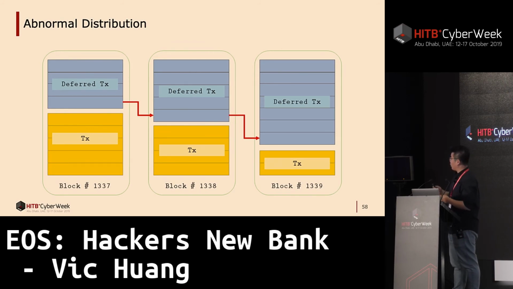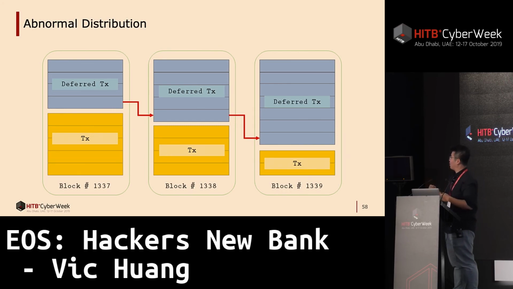If we try to produce a lot of deferred transactions, and they produce more deferred transactions, and some of them are going to hard fail, so we use these two kinds of features.